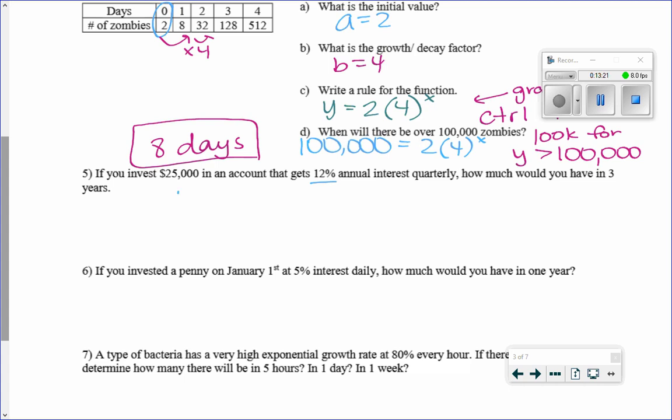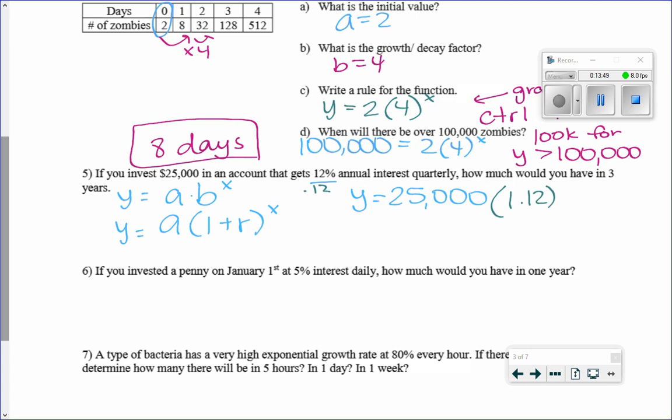So instead of a times b to the power of x, it's going to be 1 plus r to the power of x here. Well, 1 plus r is b. So y equals, our starting initial amount was $25,000. And 12%, 0.12. We're going to add that to 1, so 1.12.